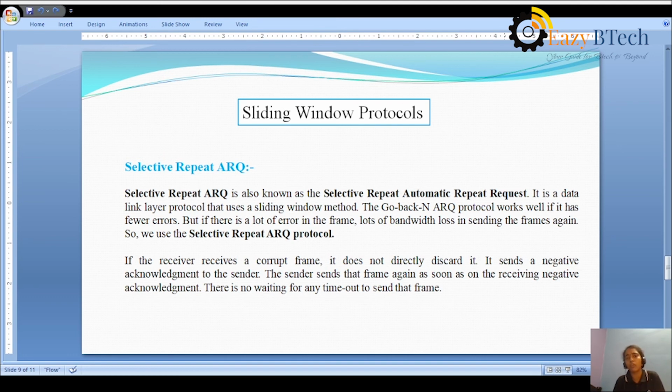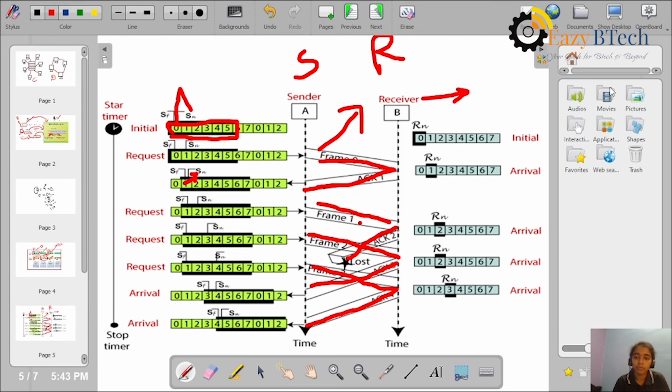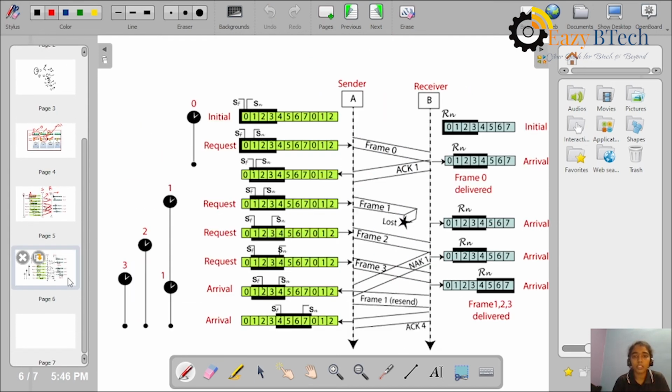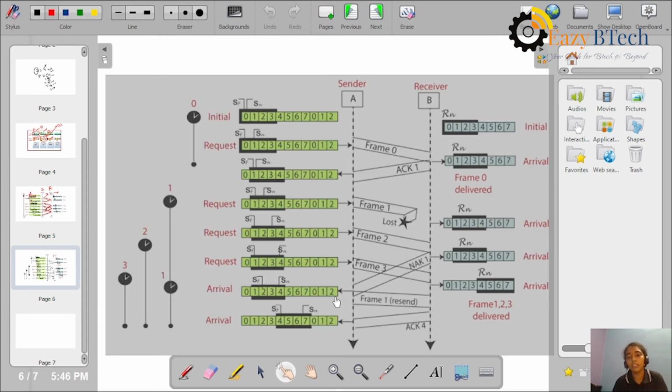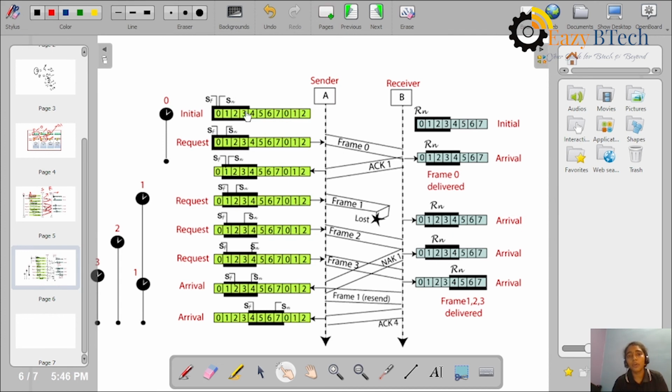Let's see the process of the selective repeat automatic repeat request protocol. So this is the selective repeat concept. See the diagram here. This is also using the sliding window method.